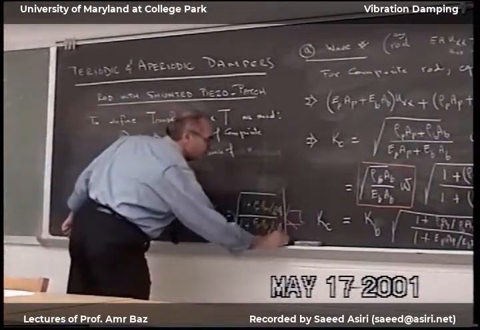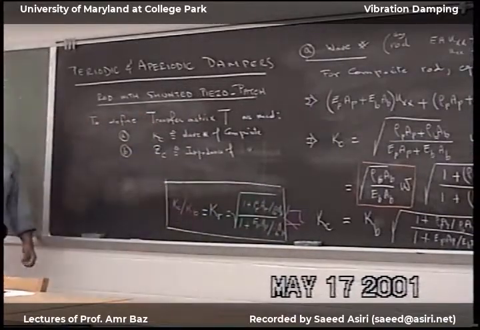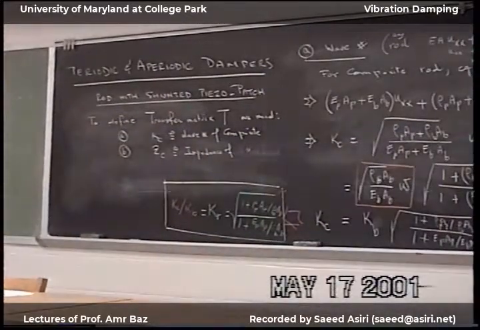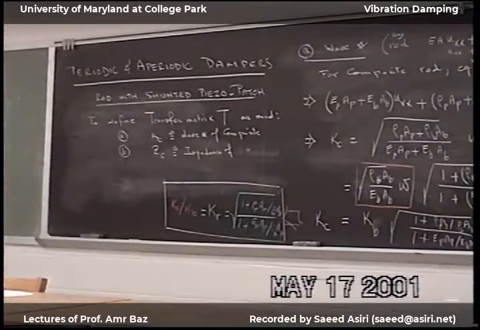So the first thing that we need is this ratio. If I know this material completely, then we have the K base rod. Now, if this is the same material as this section, this is also the same K rod.